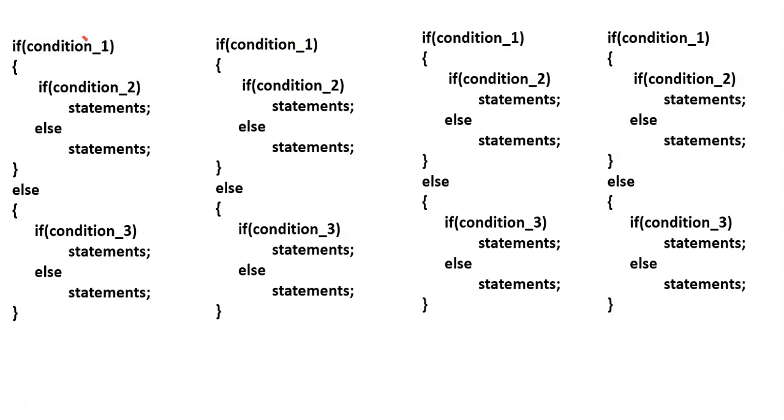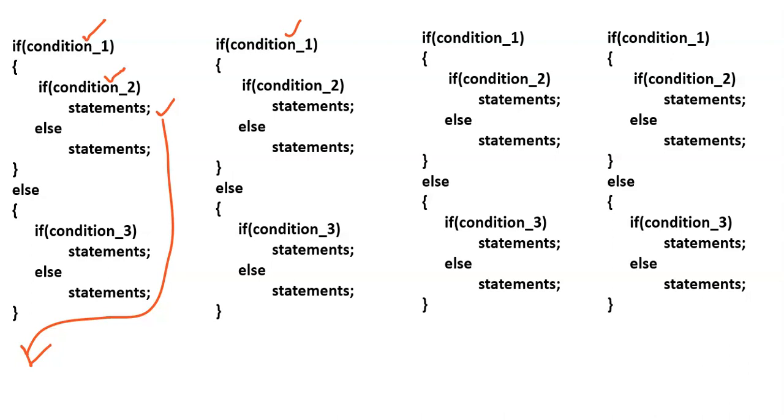Here in the first scenario, if condition 1 is true, then control enters into the if block. Again there is a condition. If this particular condition is also true, then the statements in this particular if block are executed. Then control comes out of the nested if else. Coming to the second scenario, if condition 1 is true, then control enters into the if block.